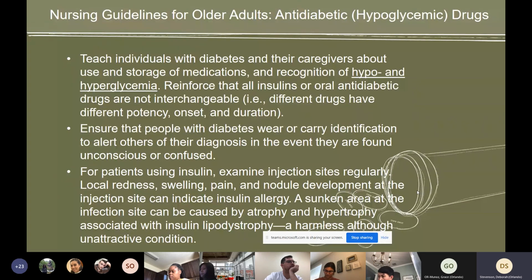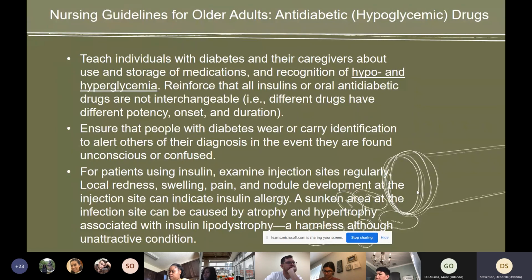They have to know how to store the medication, the insulin, or their regular drugs, of course. Be sure that they are aware that all insulins or oral anti-diabetic medications are not interchangeable. In other words, they can't just take somebody else's anti-diabetic pill because it may not even be the same pill, even though it does the same thing.